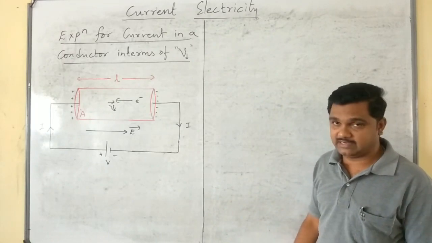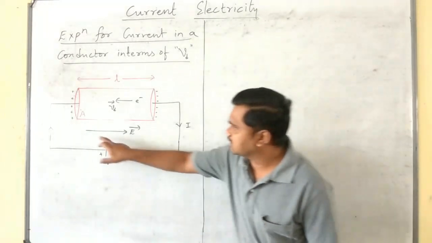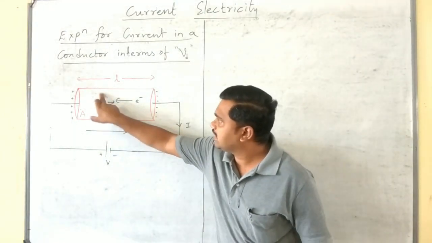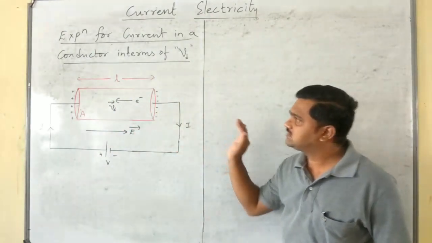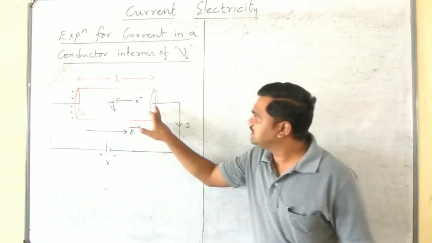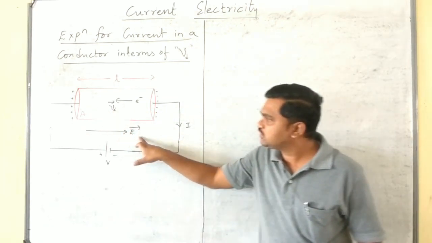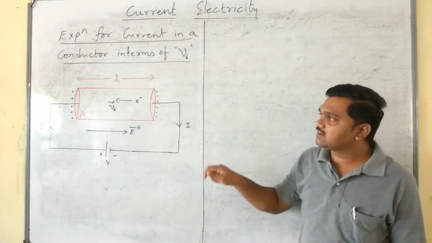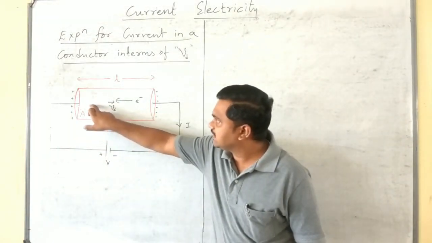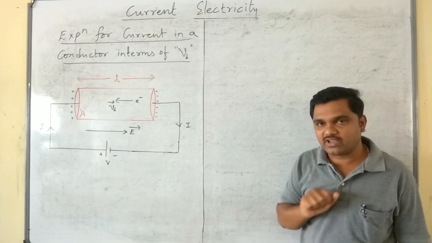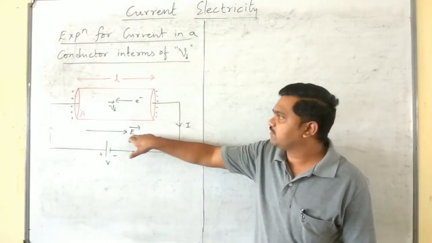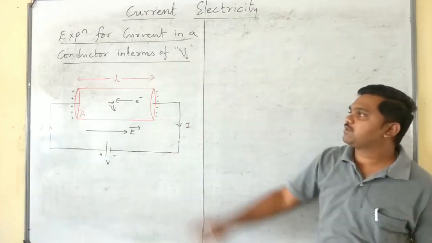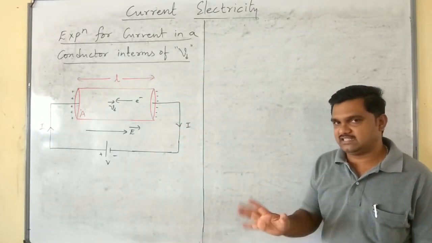So these electrons will move from this end to this end, opposite to the direction of the applied electric field, which is generated inside this conductor. Opposite to the direction of the electric field, the electrons will drift. That is what the concept of drift velocity says.